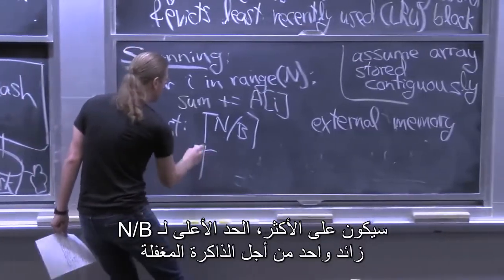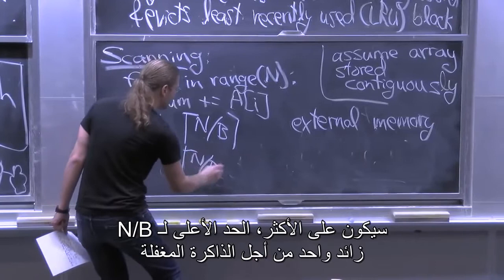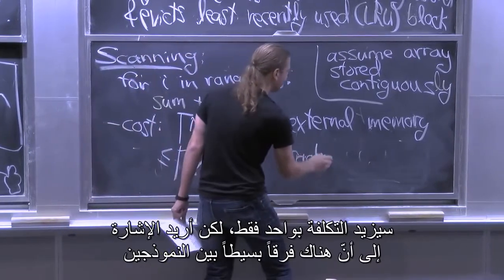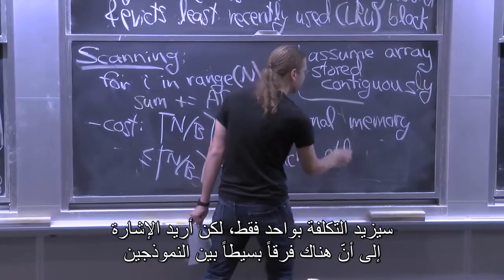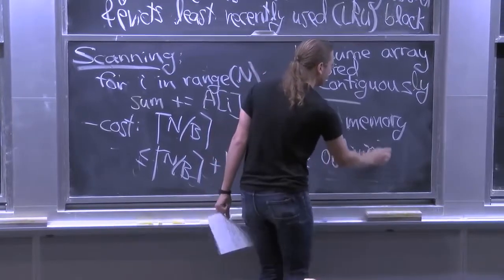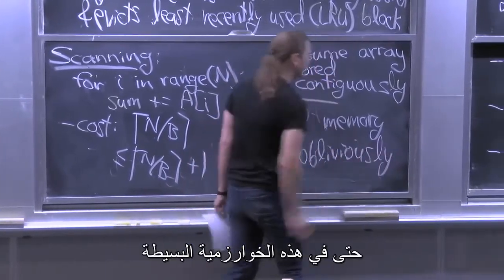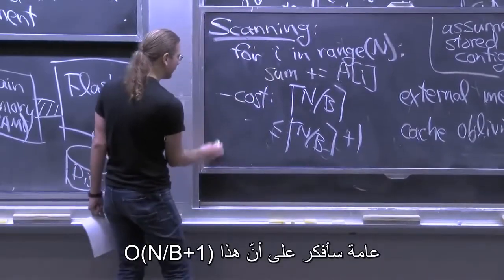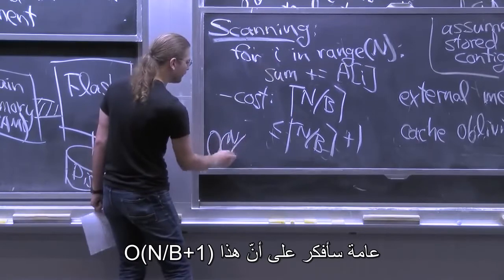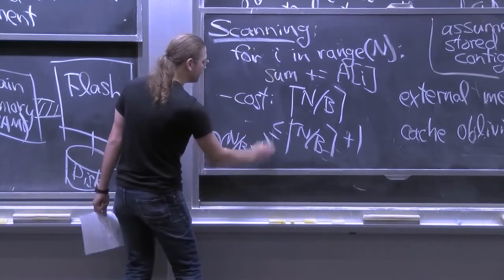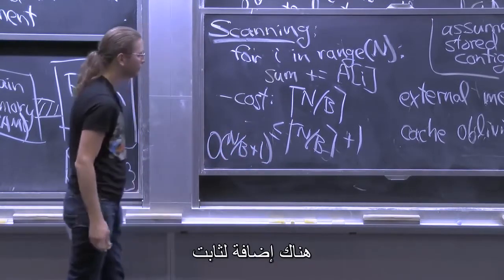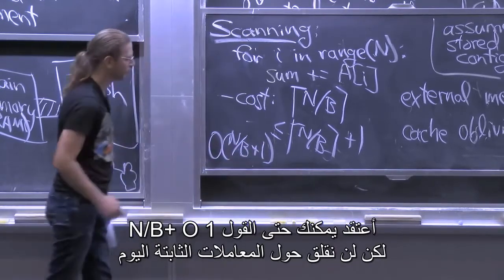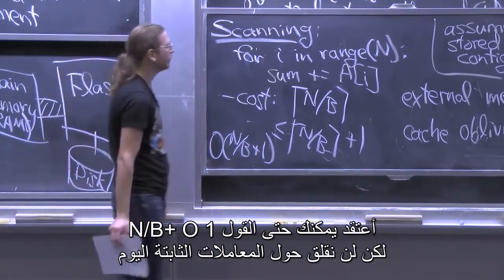It's going to be, at most, ceiling of n over B plus 1 cache obliviously. So it's just going to hurt you by 1. But I wanted to point out there's a slight difference between the two models, even with this very simple algorithm. In general, I'm just going to think of this as big O of n over B plus 1. There's some additive constant. I guess you could even say it's n over B plus big O of 1. But we won't worry about constant factors today.